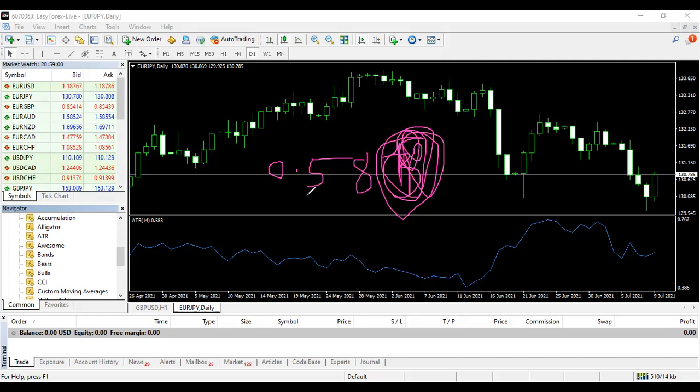So you are left with 58. What this indicator is telling you is that on average, if Euro JPY is to move in a day, it will move at least 58 pips.